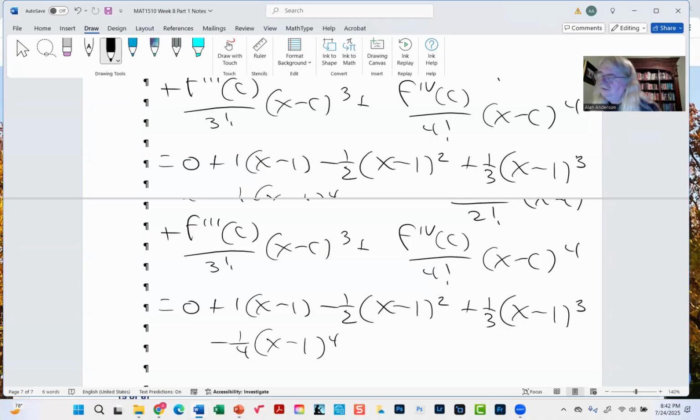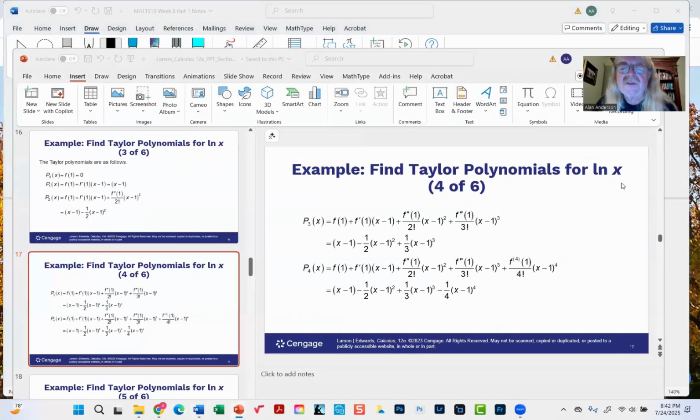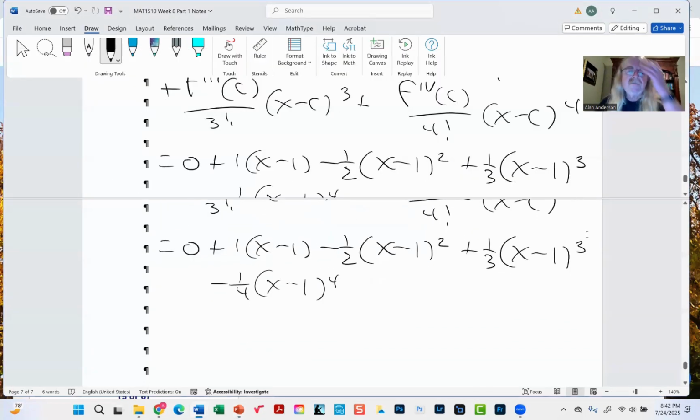Now, by the way, when you see enough of these, you start to realize there's a pattern here. All those calculations were fine as far as they go, but if you notice, what keeps happening is the coefficient is 1 over n. Then we have x minus 1 to the n power. So if there was another term, it would have been plus 1 over 5, x minus 1 to the 5th.